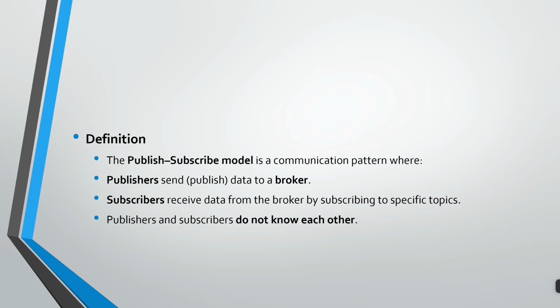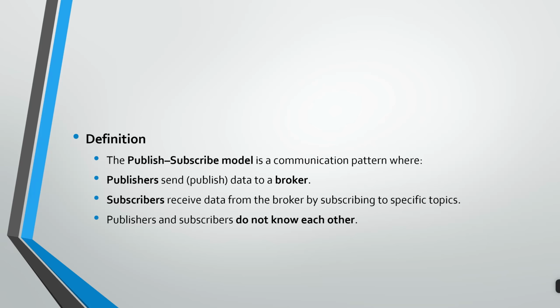So, direct submission and direct result is not there. There are intermediate devices called brokers as well as subscribers. Subscribers are receiving the data from the brokers, and publishers are sending the data to the broker, and the publishers and subscribers don't know each other.